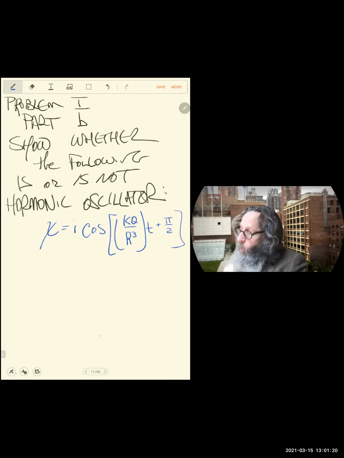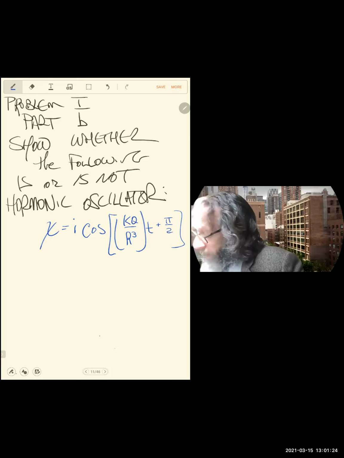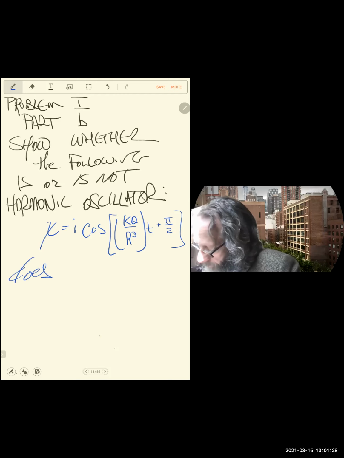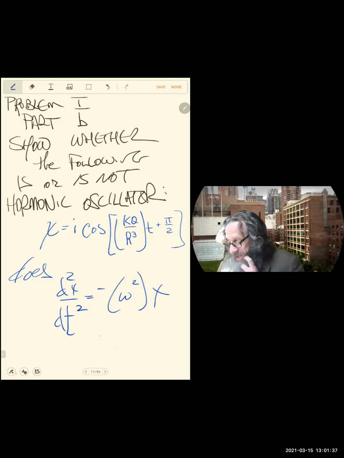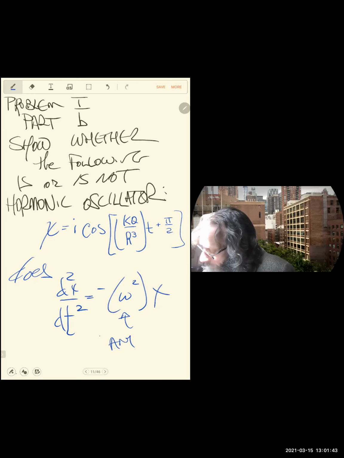Okay, so now we are just trying to show whether this is or is not a harmonic oscillator. Okay, so in my mind, that means, is this true? Okay, but remember, omega squared is any constant, right?